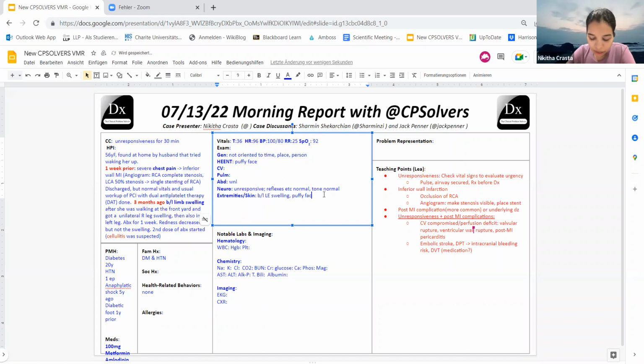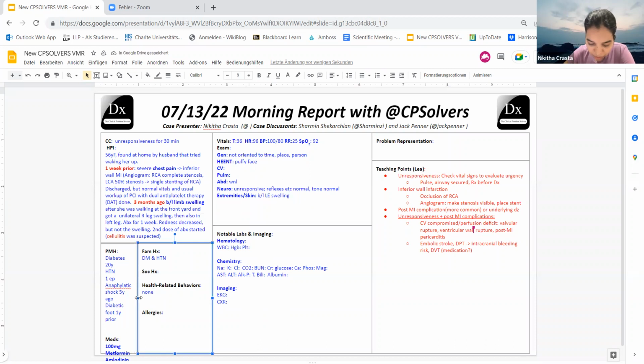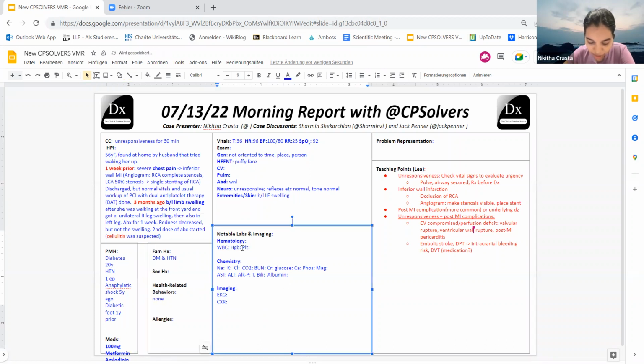Yep, for sure. Her hemoglobin was 14.3. Her platelet count was 3.57 lakhs, which is considered normal. Her total WBC count was 13,620 cells.